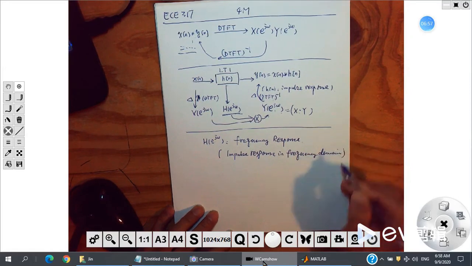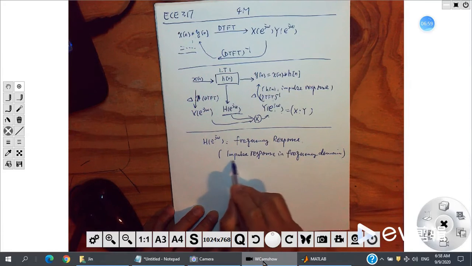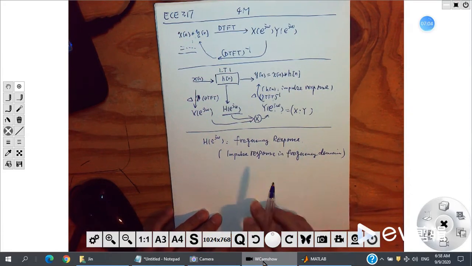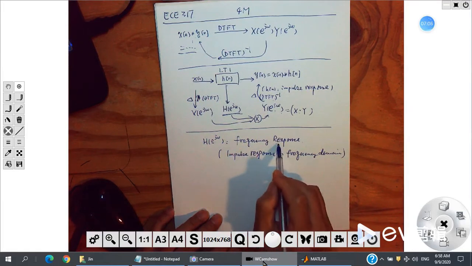It's a transform of the impulse response. So it's the impulse response in the frequency domain. We call it the frequency response.